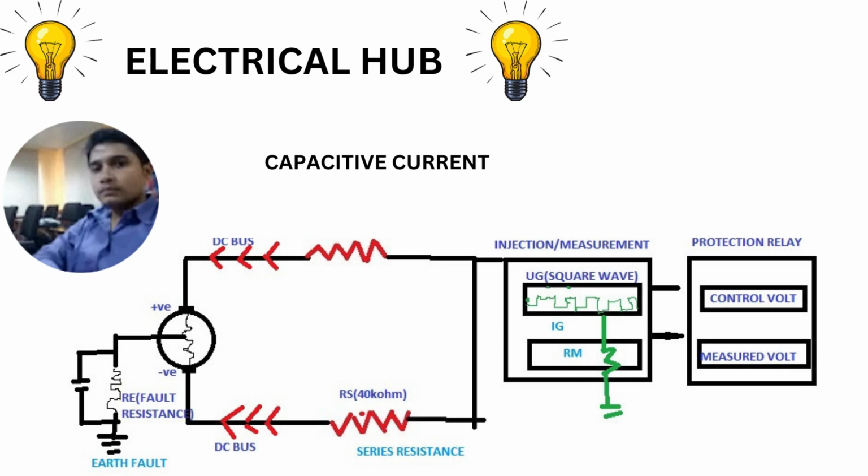So that measured voltage will be sensed by the protection relay. But in normal operation, whatever current is injected is completely capacitive. So there will be no current flowing through the RE or IG, it will be equal to zero. It will be completely capacitive. Due to the capacitance, the leakage current will be compensated.